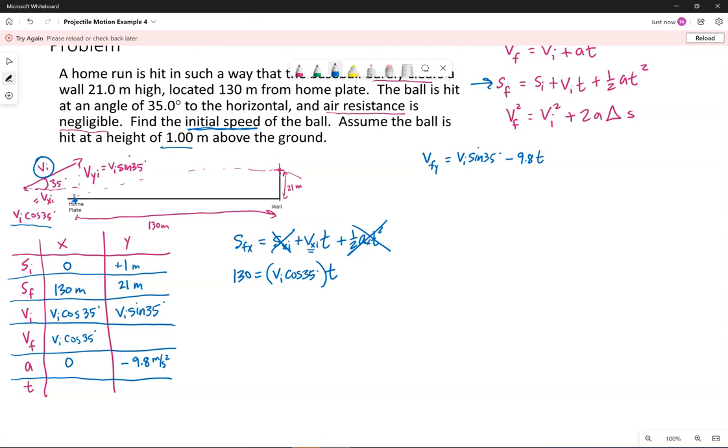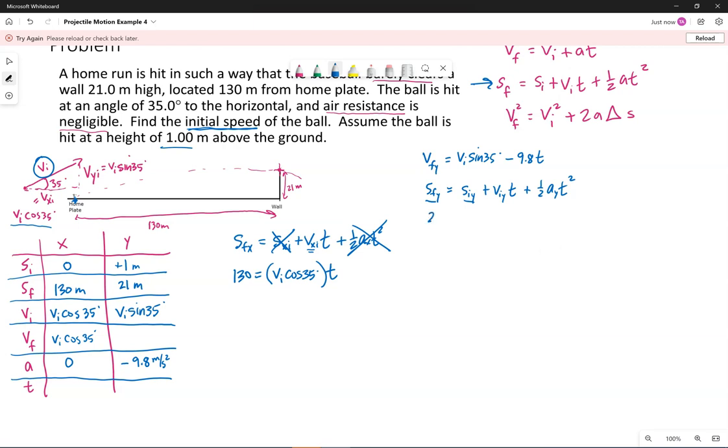The middle equation, S final y, would be S initial y plus V initial y t plus 1/2 a_y t squared. We do know the positions.